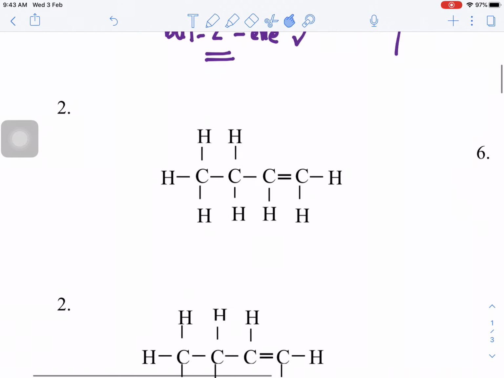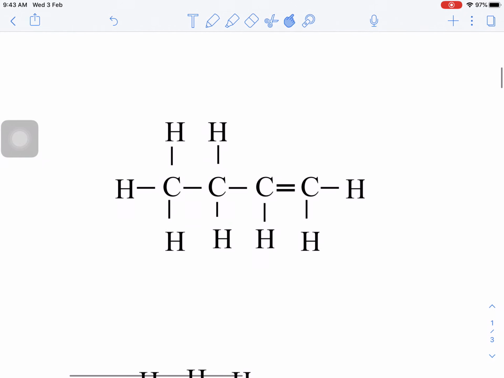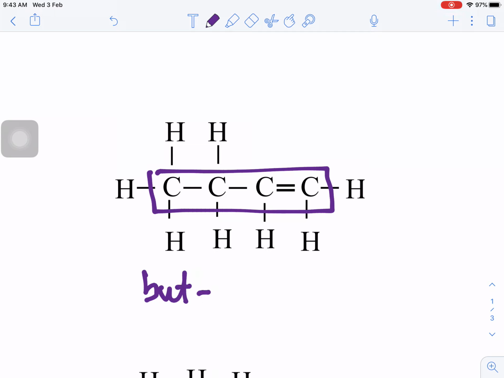Number 2. 1, 2, 3, 4. We have 4 carbon atoms, still but-, and the ending must be -ene.